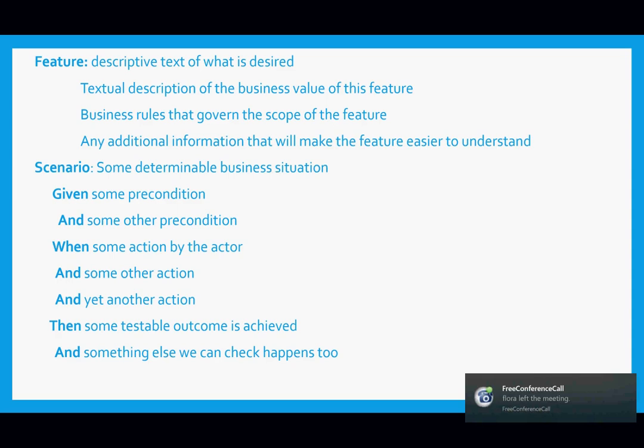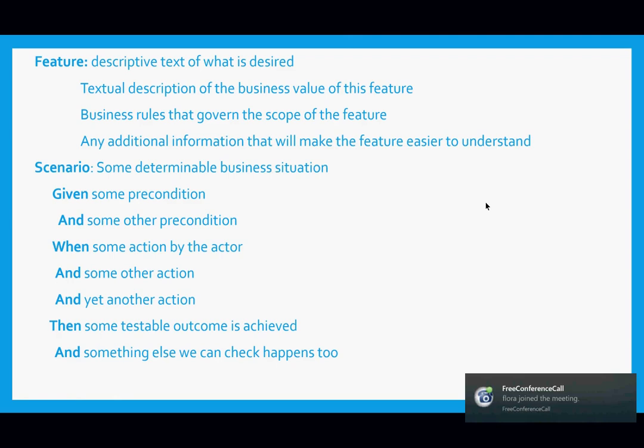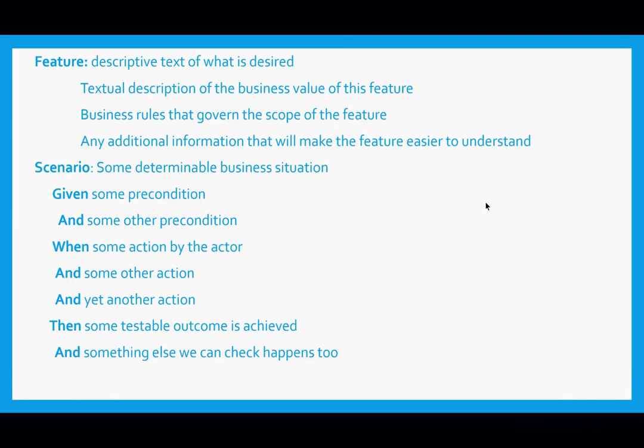So now this is one format of how a standard feature file will look like with only scenarios. Like I said, this is not using scenario outline. I'm using only scenario. The first thing you want to write is the feature followed by a colon. Then you write a descriptive text of what you want to do. The text could be the business value of this particular feature.